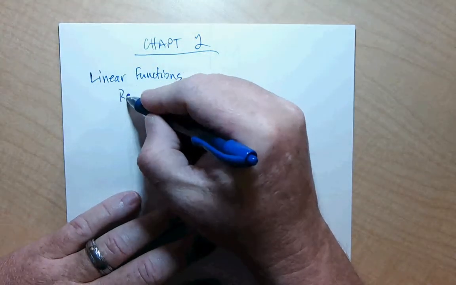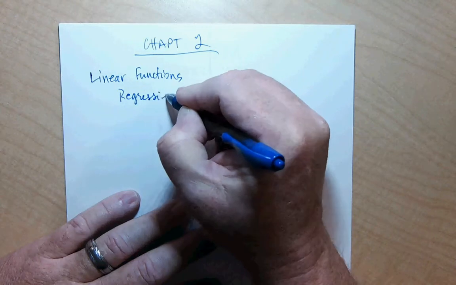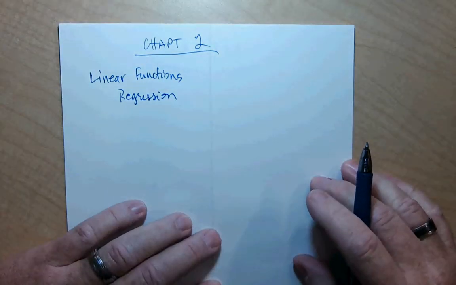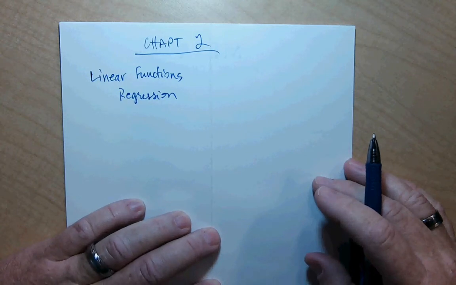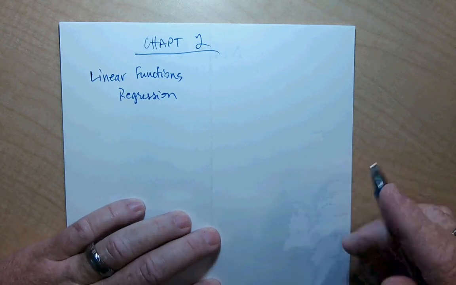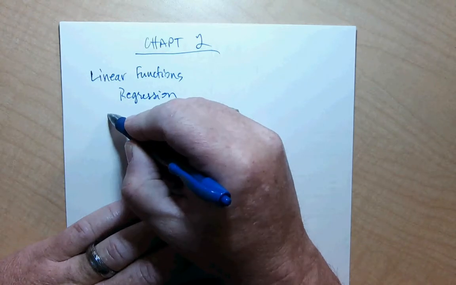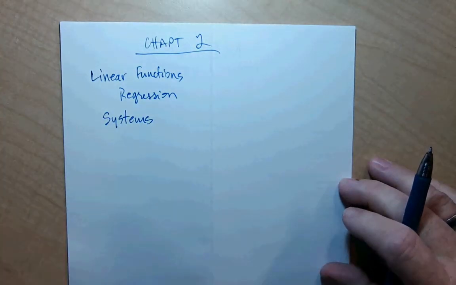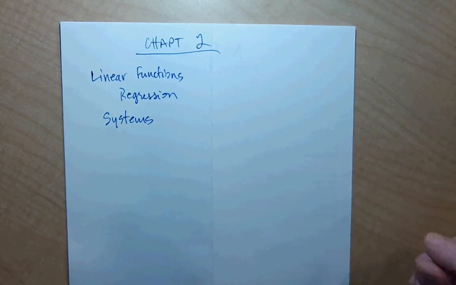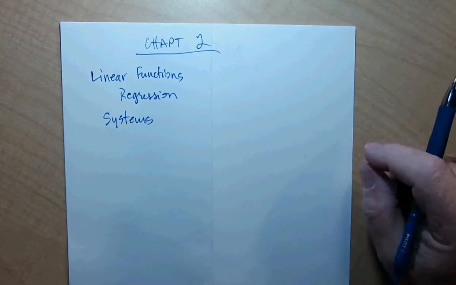We were introduced to regression. And we have systems. Those are the three main concepts of chapter 2.